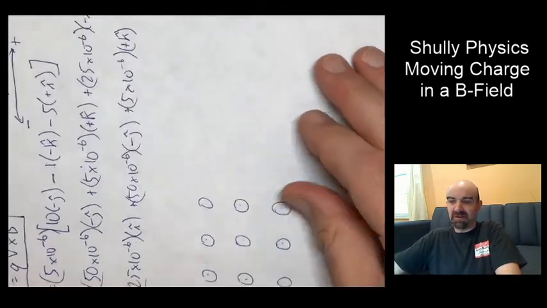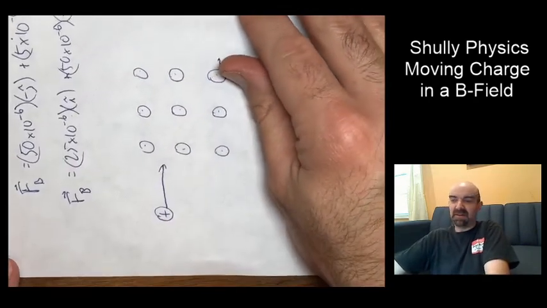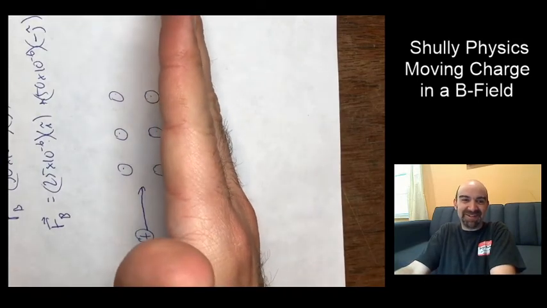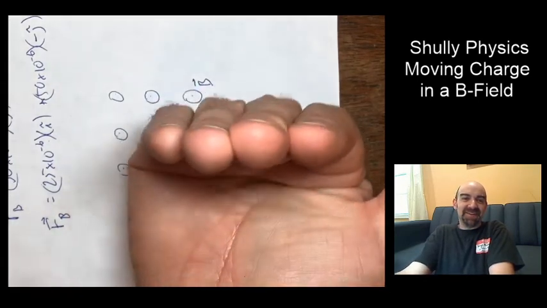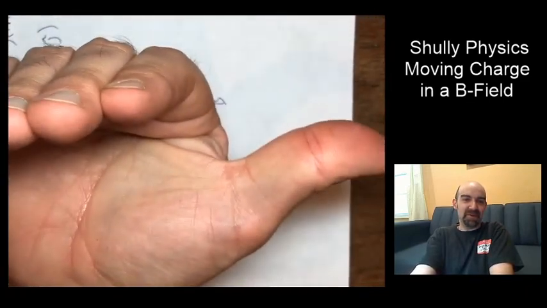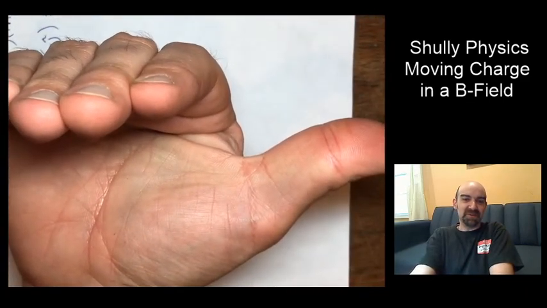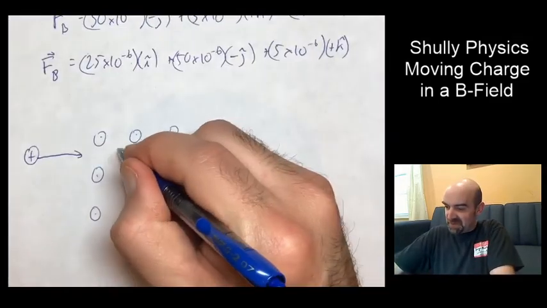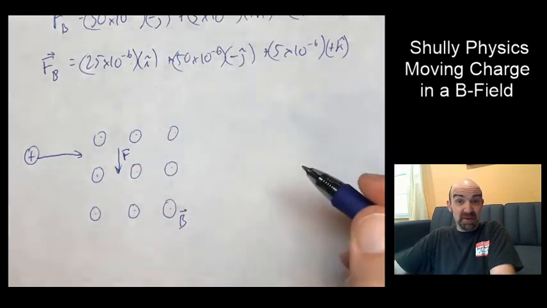And this is going to be easier. Oh, that's a lot easier. Okay, let's try that now. That's the direction of the charge. Rotate my hand. There's the direction of the magnetic field. So the force is going to be that way of my thumb. So it's toward the bottom of the paper, downwards. So the force is going to be downward.